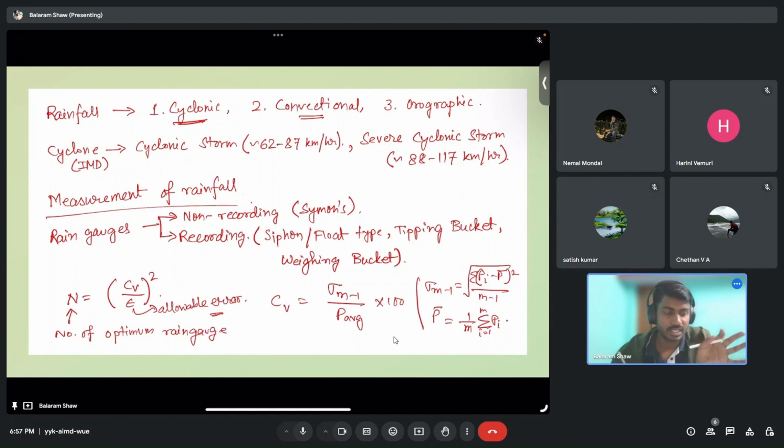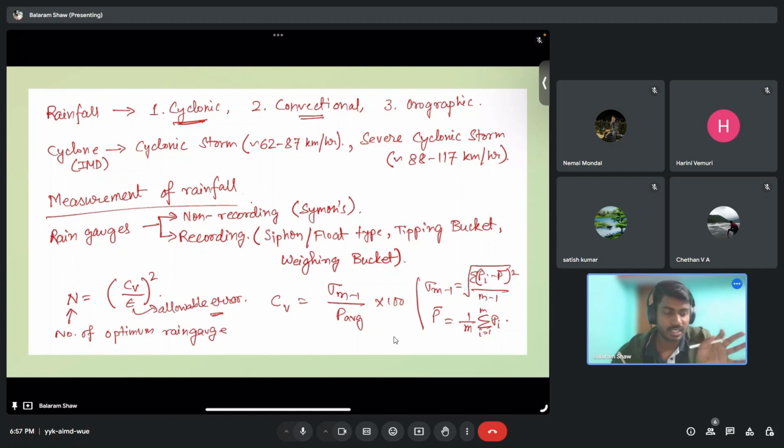What is hyetograph? Hyetograph is the plot of rainfall intensity. Intensity, as we have seen, unit will be around millimeter per hour or something like that, versus time. So this hyetograph is a bar plot. Let's say first 8 hours it has happened at some intensity, let's say 0.2, 0.4, 0.6, something like that.